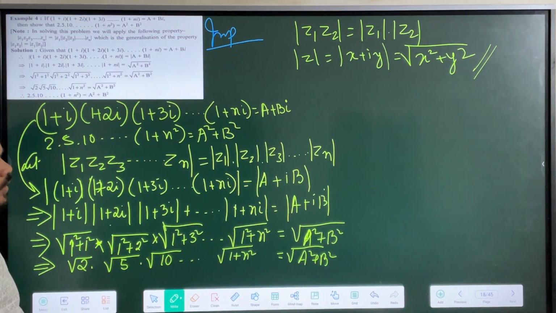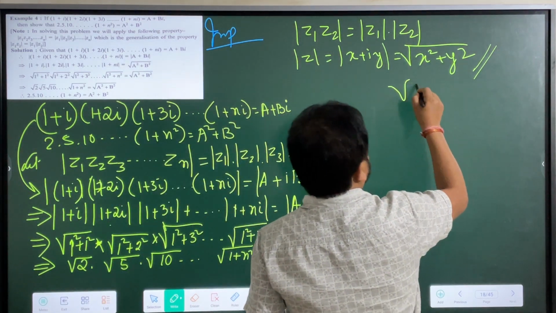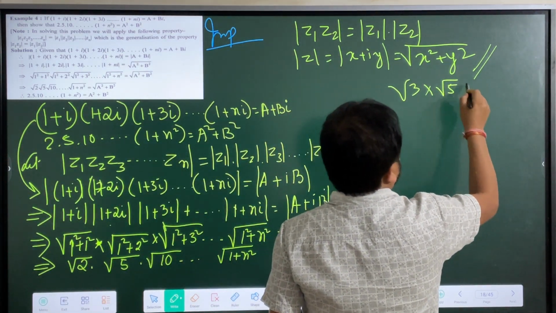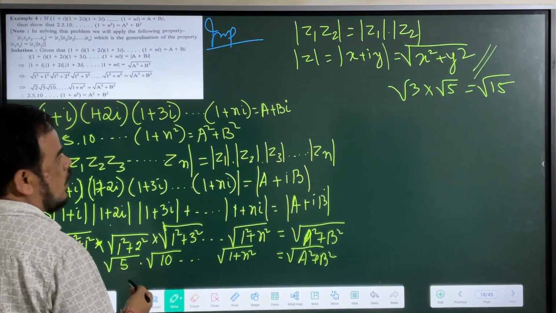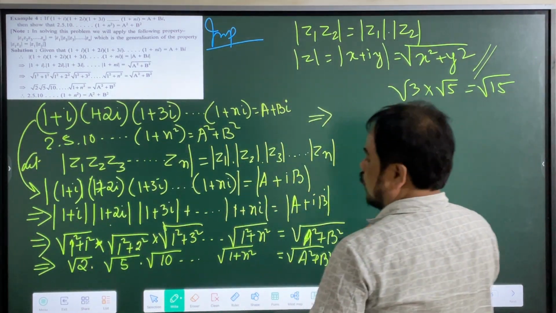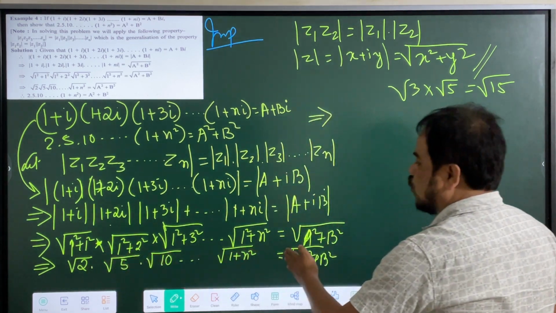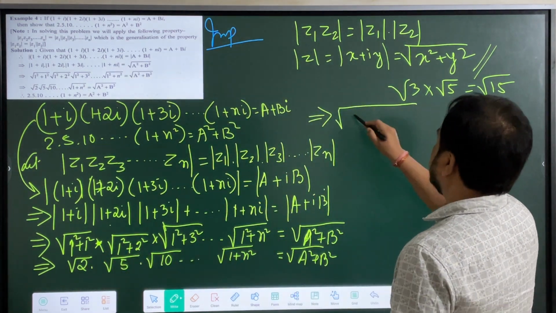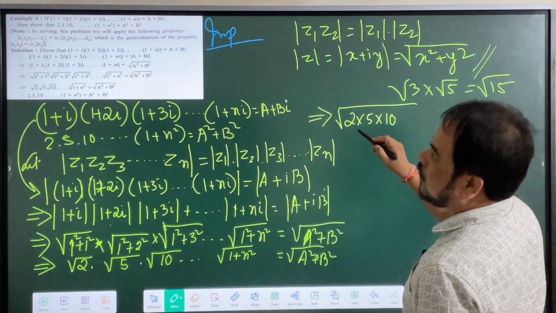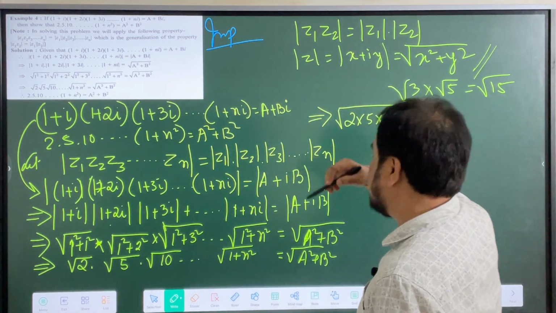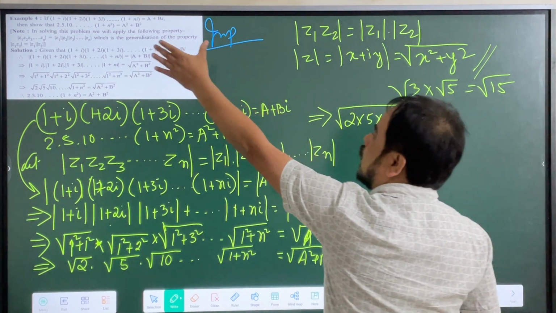If it is square root of 3 into square root of 5, we can write square root of 15. In the same way, here we can write everything under one square root: square root of 2 into 5 into 10. We have to see what is there on the left hand side also.